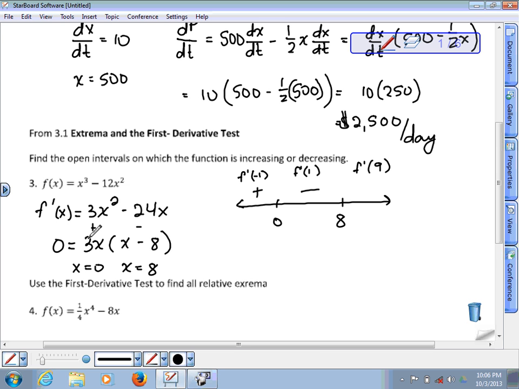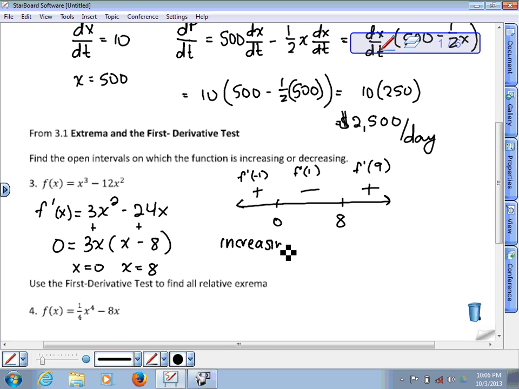Then f prime of 9: 3 times 9 is a positive number, 9 minus 8 is another positive number. Positive times a positive is positive. What this means is any number that we would have chosen in this interval plugged into the first derivative function is going to yield a positive value. That means the function is increasing on this interval. Okay?